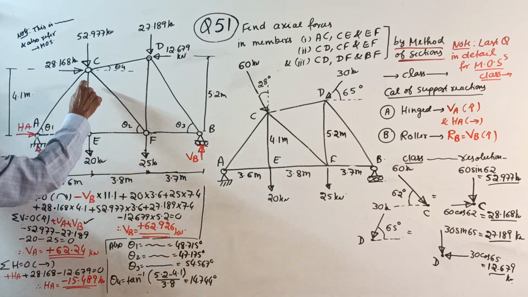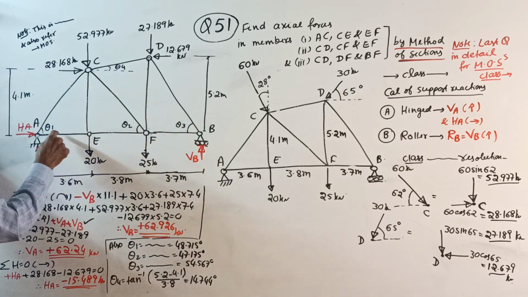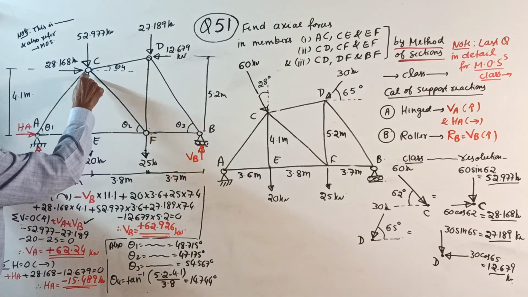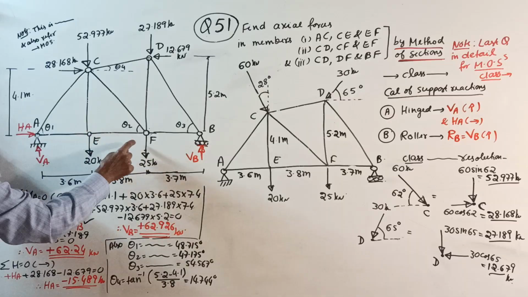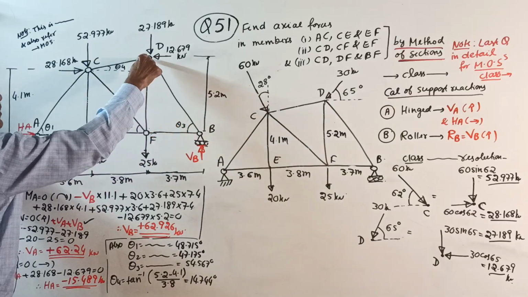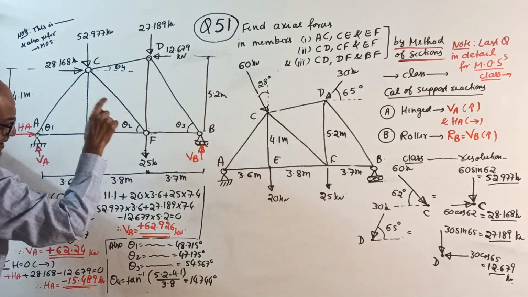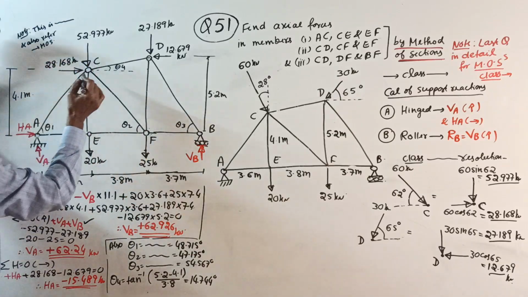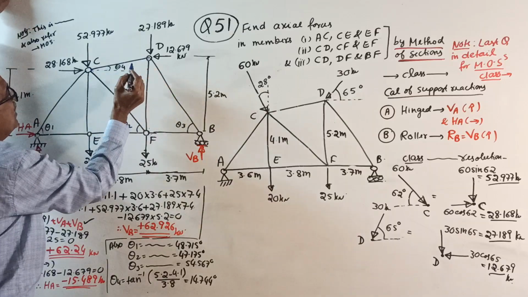Tan theta 1 equal to 4.1 by 3.6. You get the answer. Tan theta 2 equal to 4.1 by 3.8. You get the answer. Tan theta 3 equal to 5.2 by 3.7. You get the answer. But theta 4, see, angle made by this member with horizontal.